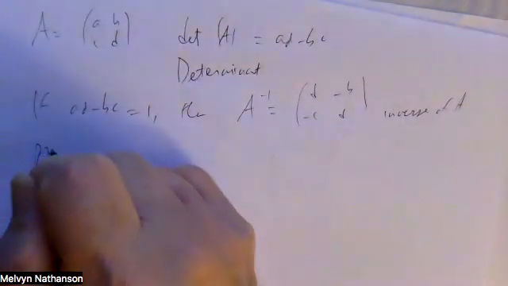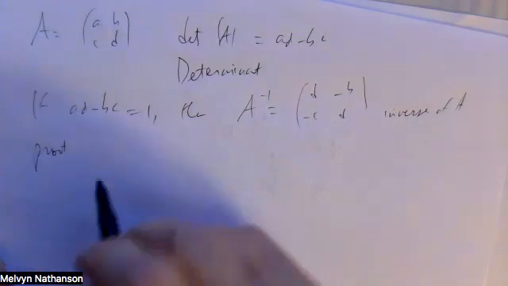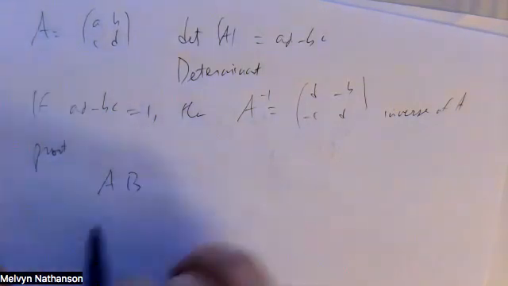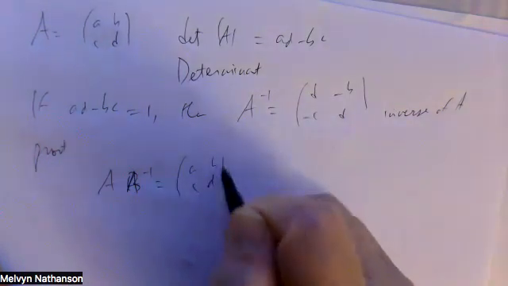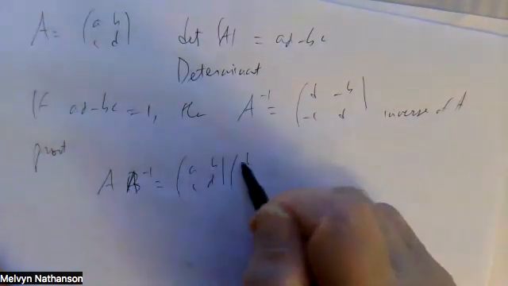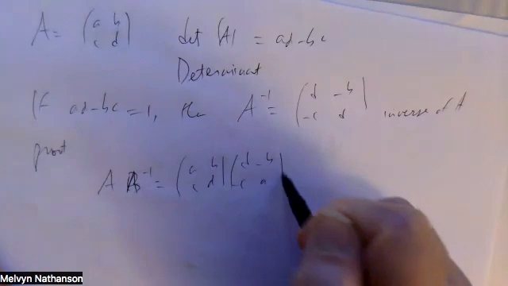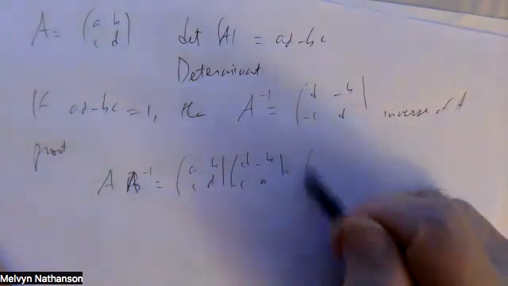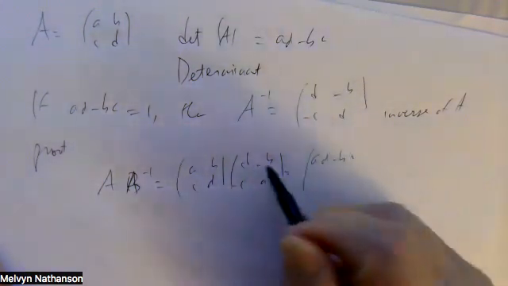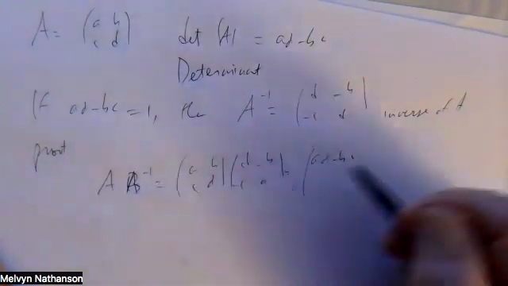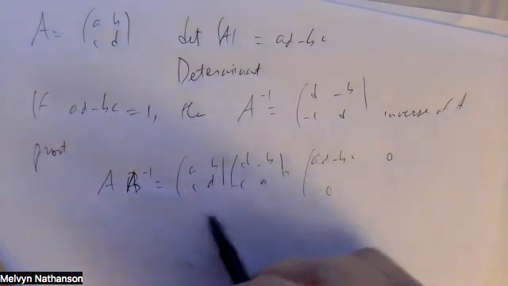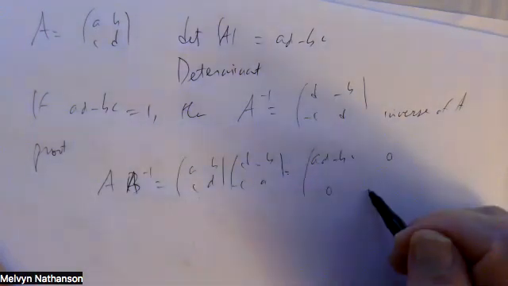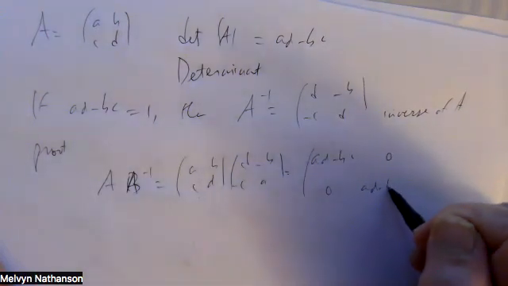And what is the proof? I take A times this A inverse, [a, b; c, d] times [d, minus b; minus c, a]. I get ad minus bc, minus ab plus ab is 0, cd minus cd is 0, minus bc plus ad, or ad minus bc.